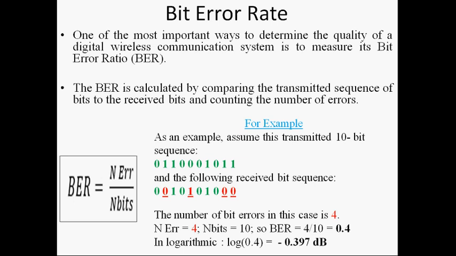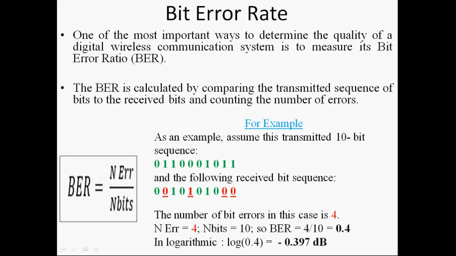To explain this, I'll take the help of one example here. Assume I am transmitting 10 bits. Here the first sequence, I'm transmitting this 011001011, but at the receiver side, imagine there is error in 4 bits. Here second position, fifth position, ninth and 10th position, there is an error.